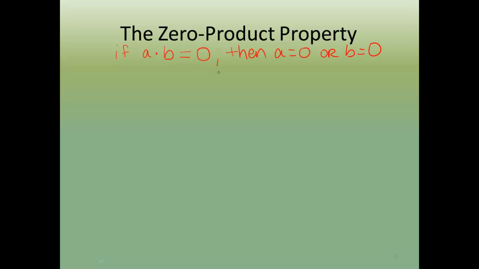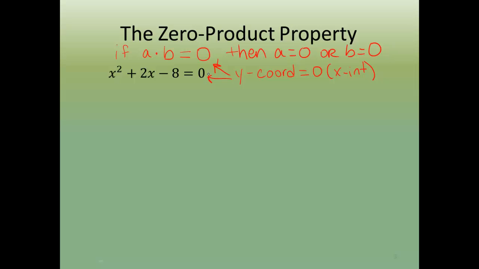Now this 0 is important in here because this 0 is talking about our y-coordinate being 0, which is a definition of an x-intercept. So when we're using the zero product property, we are in fact finding x-intercepts because we're talking about when y equals 0.